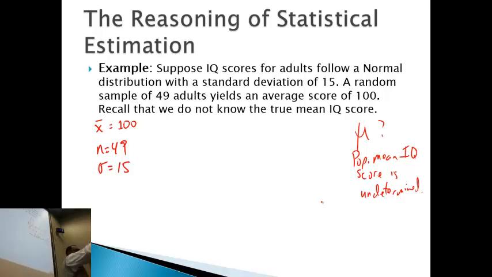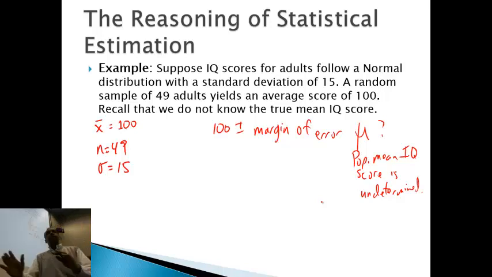So I could come out and say in Michelle's next paper that the average IQ score for all persons is 100. But that's a little risky. So what I'm going to say is that maybe the average is 100, give or take some margin of error, just to kind of cover my backside a little bit, right?